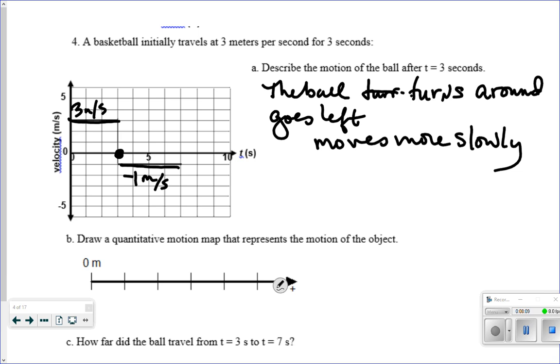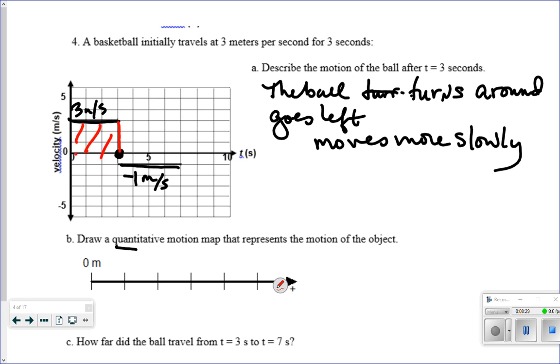All right, draw a quantitative motion map that represents this object. Now, quantitative means numerical. So let's consider that I can figure out how far I'm going, quite frankly. Right, the area under a curve here, that's going to tell me how far I'm going.